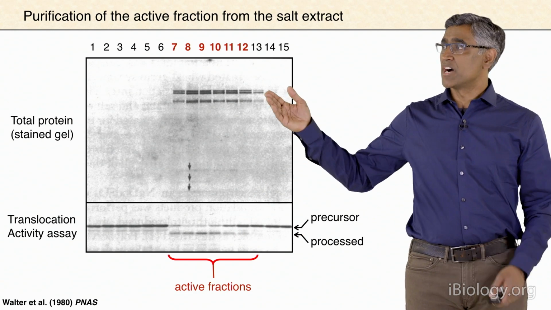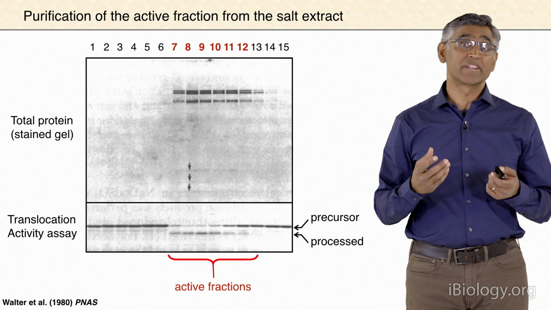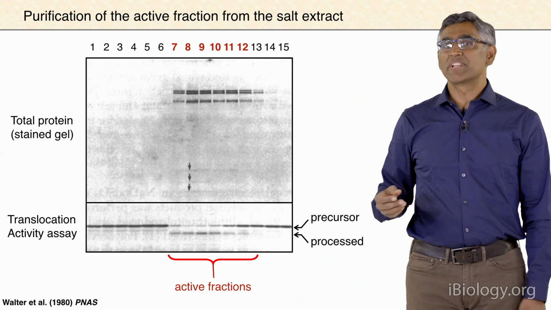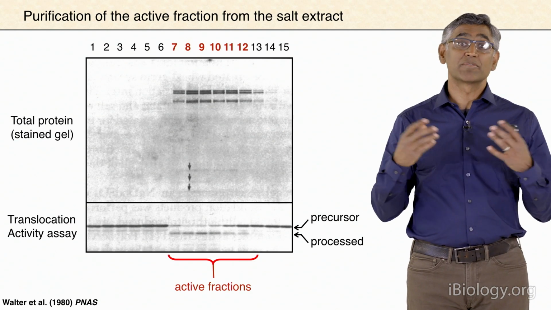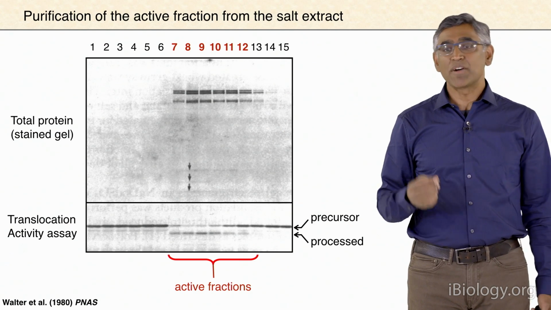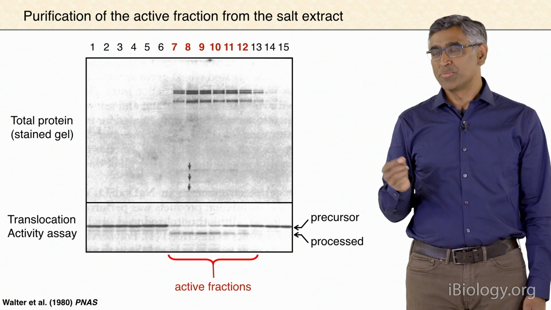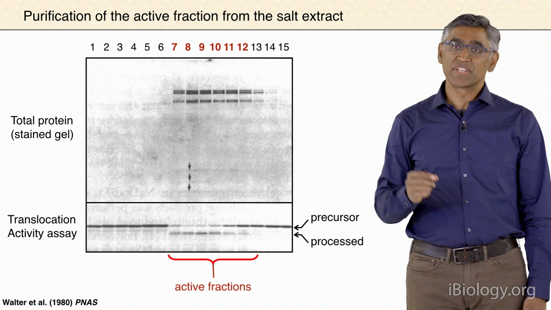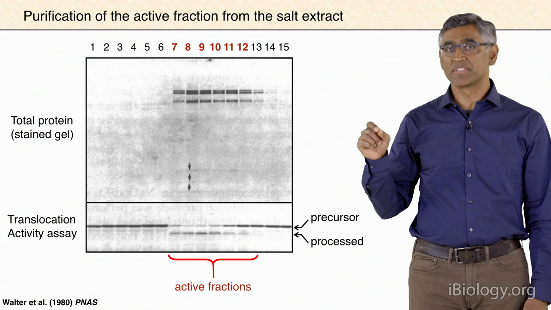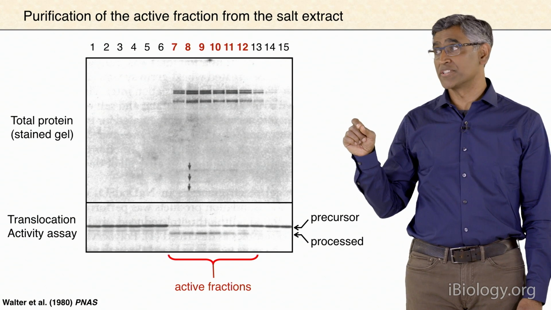And so this complex was initially termed signal recognition protein, but it turned out later that actually in this complex was a large RNA. And that was actually discovered accidentally because when Peter went to measure the concentration of his protein, you can do that by measuring the absorbance at 280 nanometers.